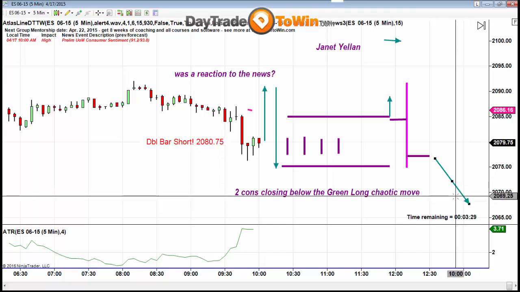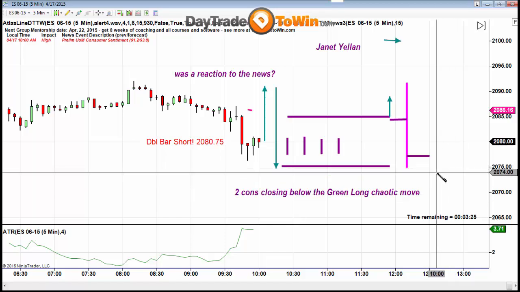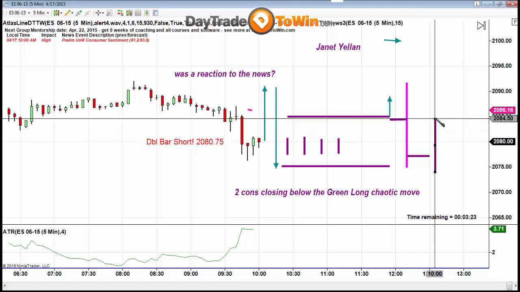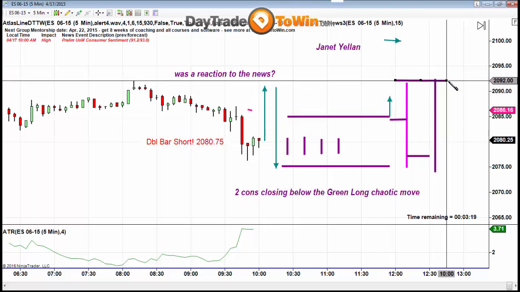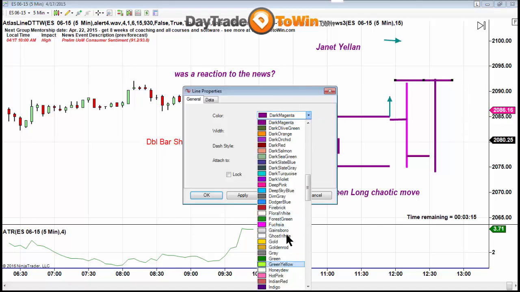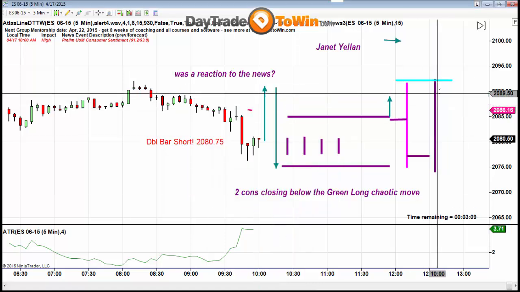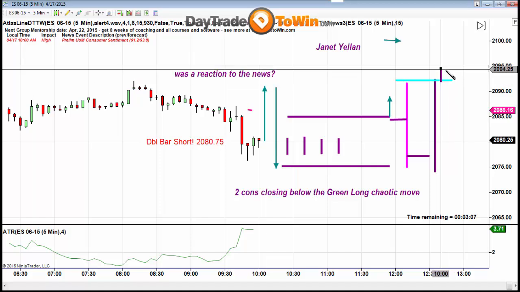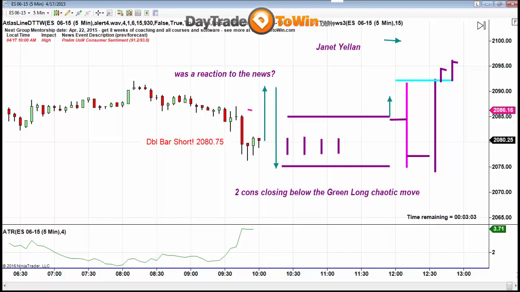But if it doesn't, you have a lot of short traders who are going to get squeezed, and they're going to have to cover. And when the market reverses anytime throughout the day and closes above the high of this red bearish reaction, the long is going to be 2 closes above the high. All right, does that make sense?